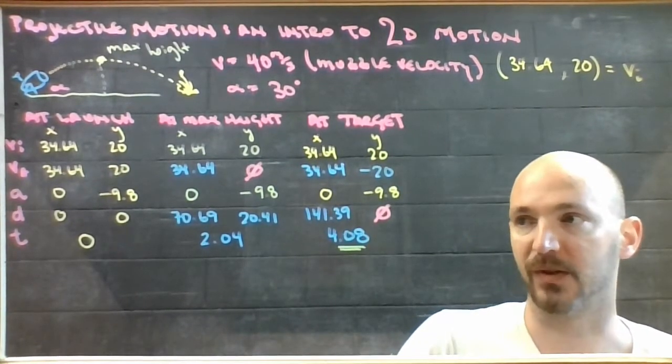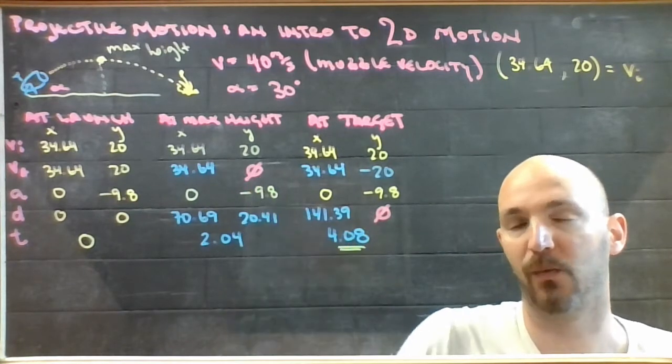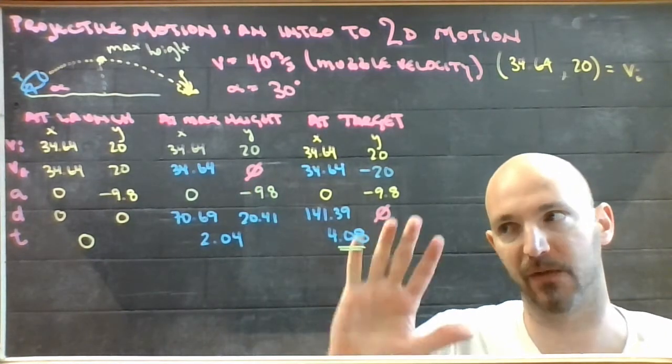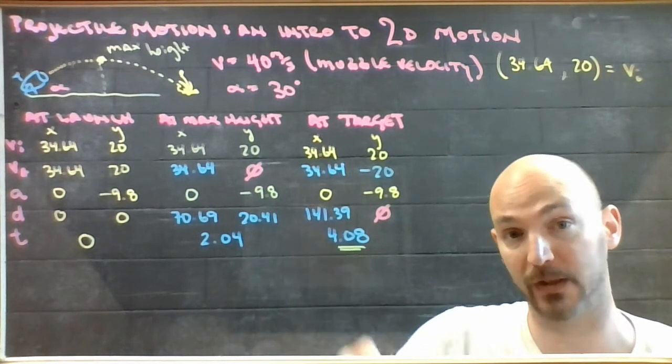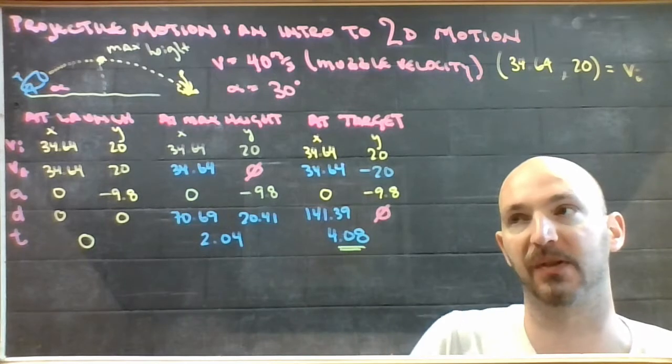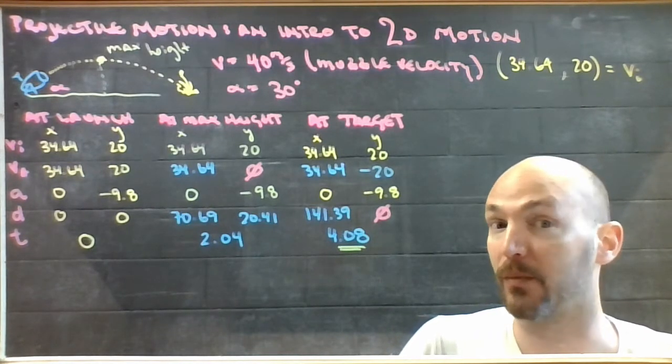So starting with these initial conditions and those two facts, we were able to deduce the values of all 5 kinematics variables, both horizontally and vertically, at 3 different positions on the flight path of this cannonball. Now that's pretty remarkable, right?